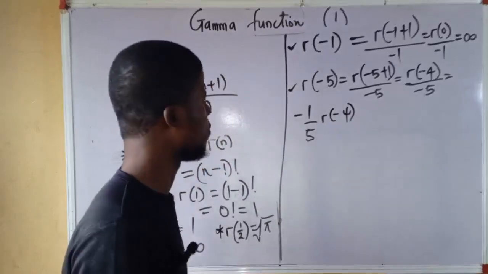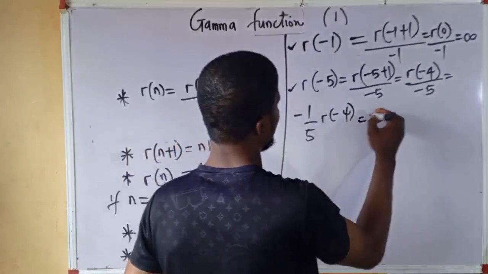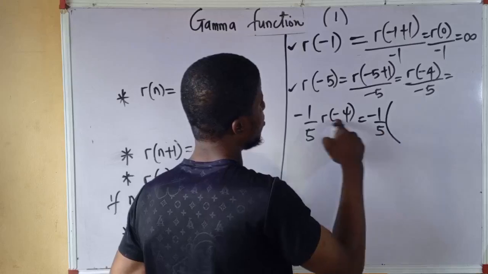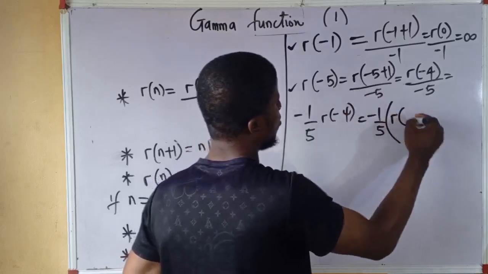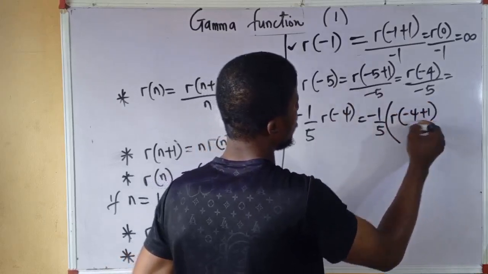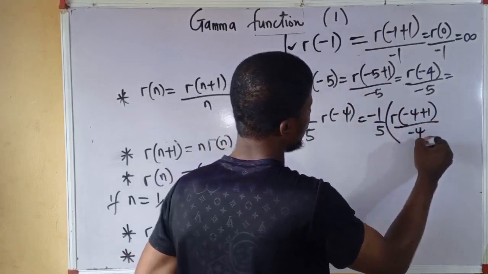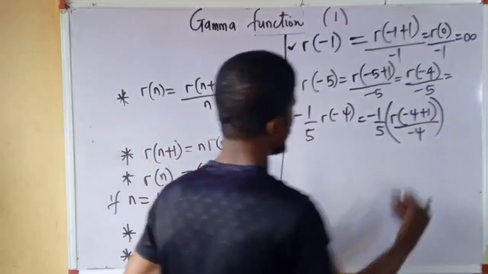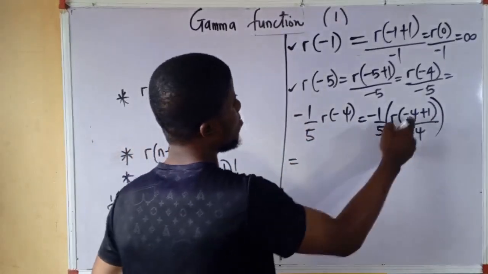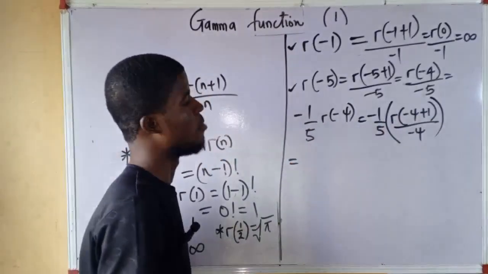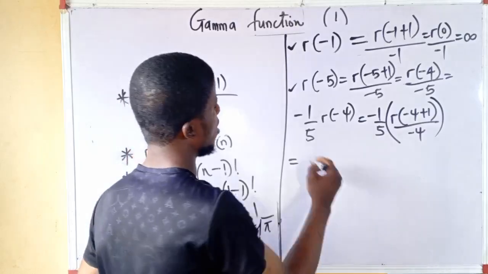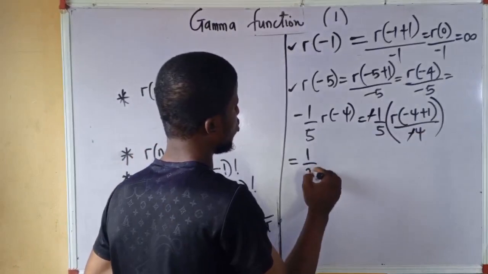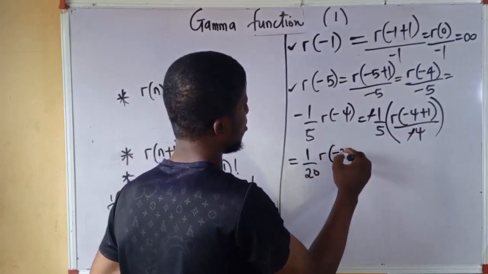What is gamma of minus 4? For gamma of minus 4, it will now be gamma of minus 4 plus 1 all over minus 4. You get the point now? And minus 4 plus 1 is minus 3. So we have minus, we cancel, minus 1 over 20 gamma of minus 3.